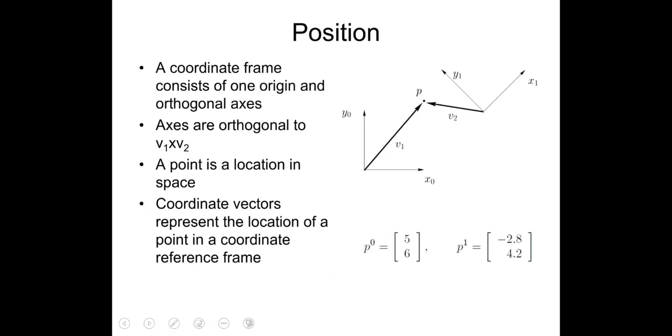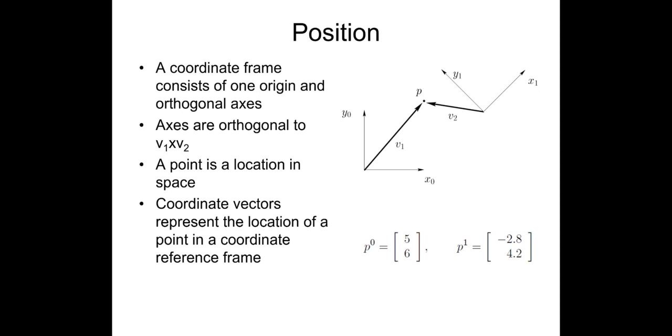Let's start from the very beginning, from 2D. Previously we showed the concepts of the transformation, so now let's go into the calculation, starting with the position. What is the position?